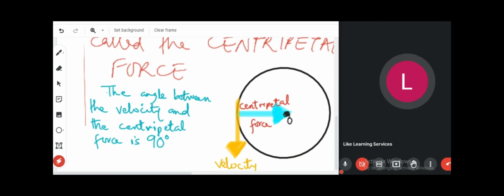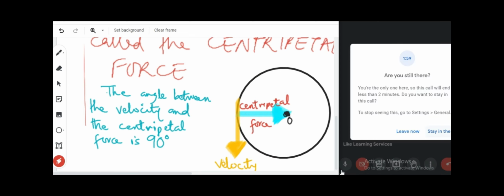Now that centripetal force for a car that is trying to move around a circular track is provided by the frictional force between the tires and the road. So a car that is moving around a circular track also has to have a centripetal force, which must act towards the center of the circle, or towards the center of the bend, the circular bend.